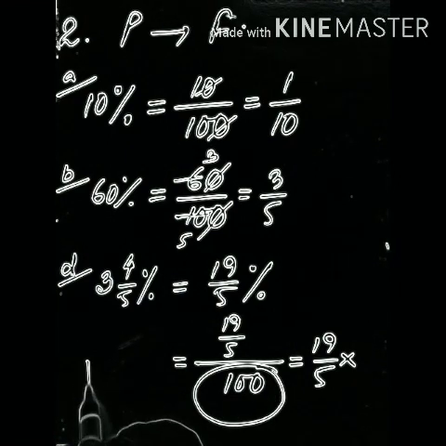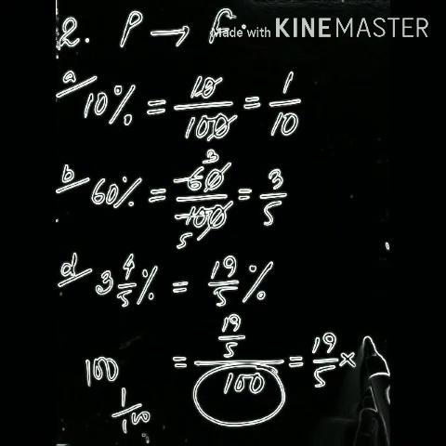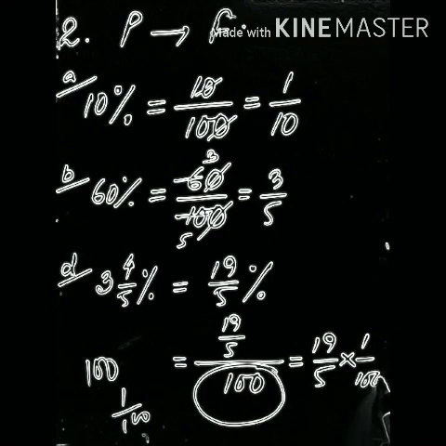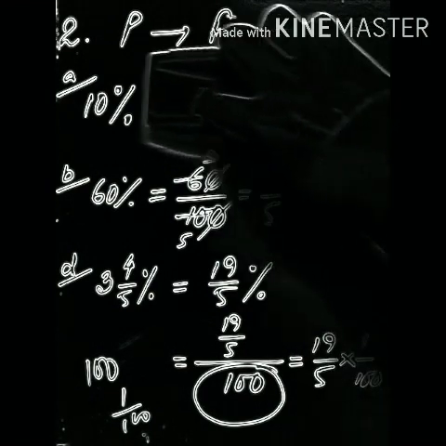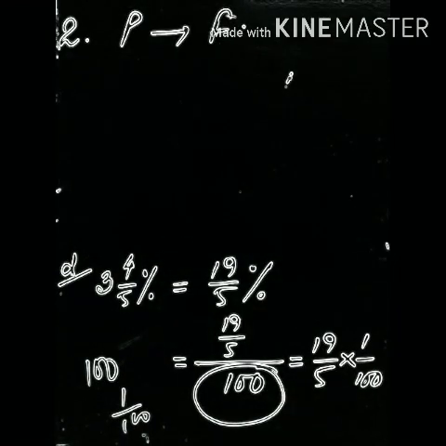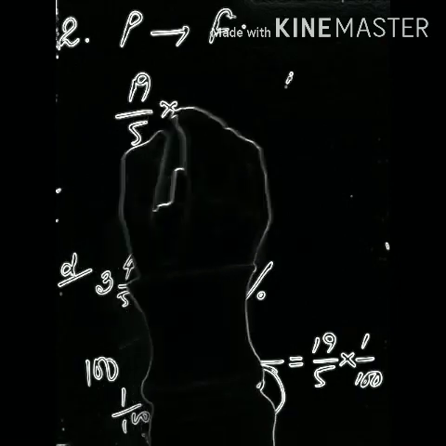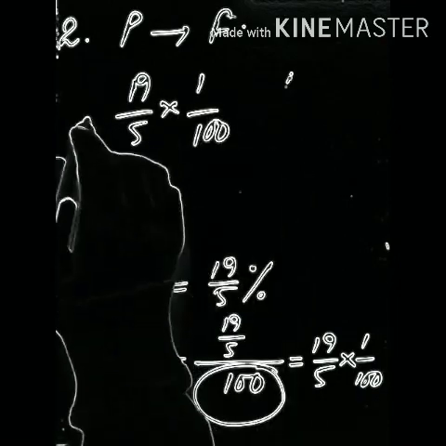So what is the reciprocal of 100? The reciprocal of 100 is 1 by 100. So we'll get 1 by 100. Okay, I'll be reviewing this part. Space is less. So this 19 by 5 into 1 by 100. Let me just write here once more.